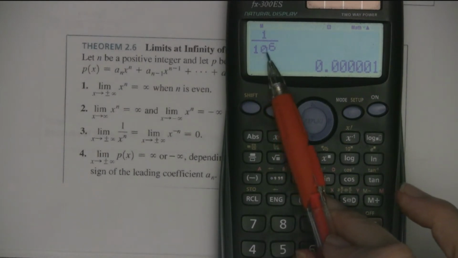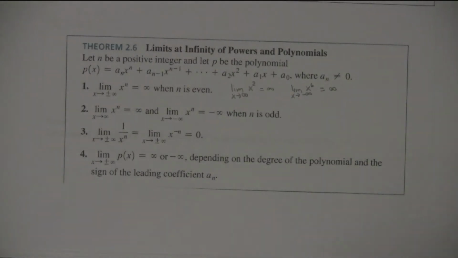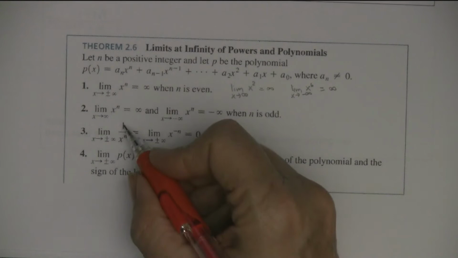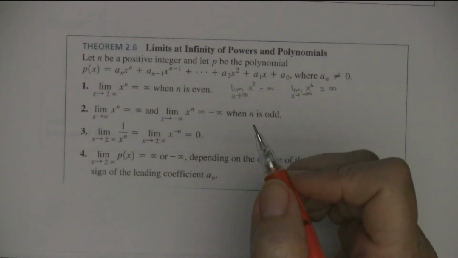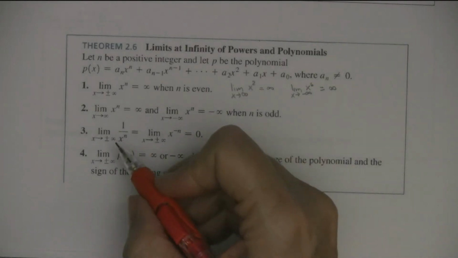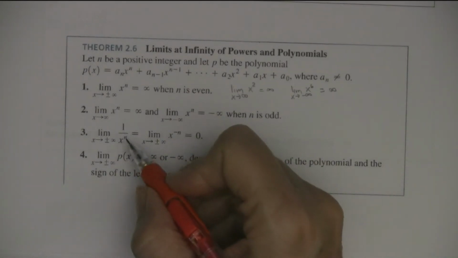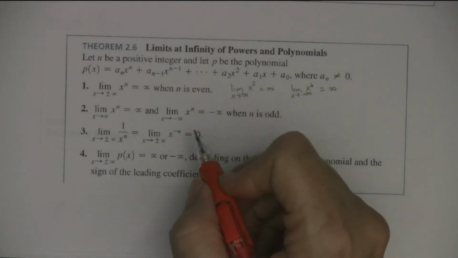They said, what if this goes to infinity? Well, look how close that already is to 0. Now 1 over x to the n is the same as x to the negative n, so they're just making that clear, that those are exactly the same. And it doesn't matter if you're going to plus or minus infinity, and it also doesn't matter if n is even or odd. This is very, very near 0.